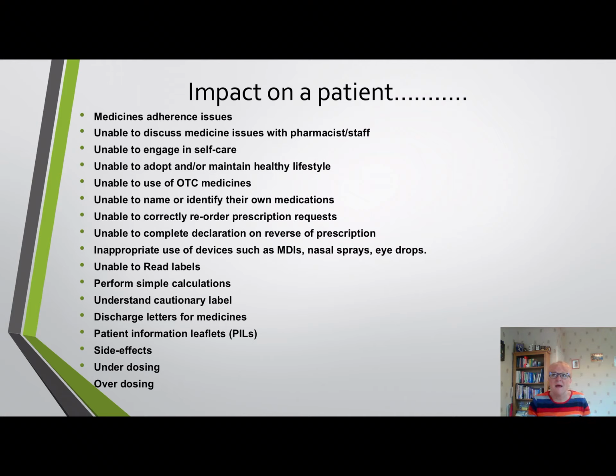We have a lot of medicines that we use, things like creams, eye drops, inhalers. Do they actually know how to use an inhaler properly? If we look at the pharmacy environment, patients come in and buy medicines. They're told how to use them correctly when they buy them, but there are a lot of medicines that can just be picked up off a counter, off the shelf, so from supermarkets, etc., petrol pumps.